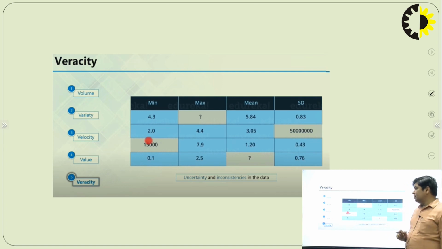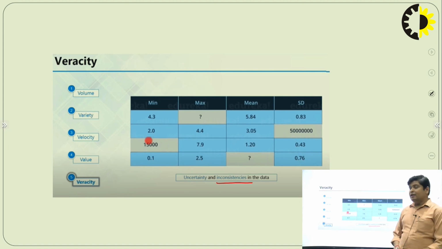Veracity means inside this data you will see inconsistency. Inconsistency means the data is not in a particular pattern. The generated data has no interrelated links. That is why it is problematic, because at the time of analyzing the data we have to analyze it one by one. If we have a pattern inside the particular data, then we can analyze a bulk amount of data within less time.